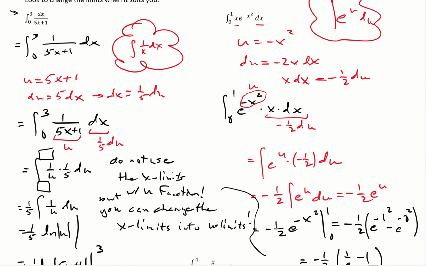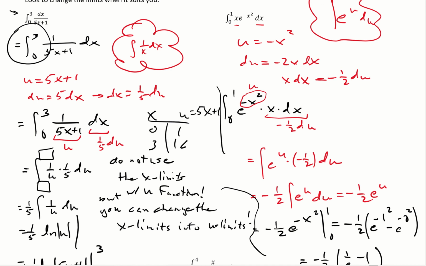I did it before, I'll do it again. Here's x and here's u. Back to the previous example where u is 5x plus 1, and the limits are 0 to 3 for x, I can see them right there. Now, I plug in 0 and I get 1 for u. I plug in 3, I get 16 for u.